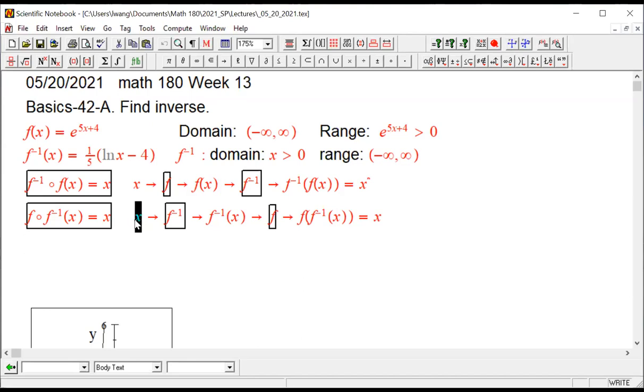So this x is from the domain of f inverse, and this other x is from the domain of f. These two x's, even though they're addressed with the same symbol, are merely placeholders. They may be totally different.